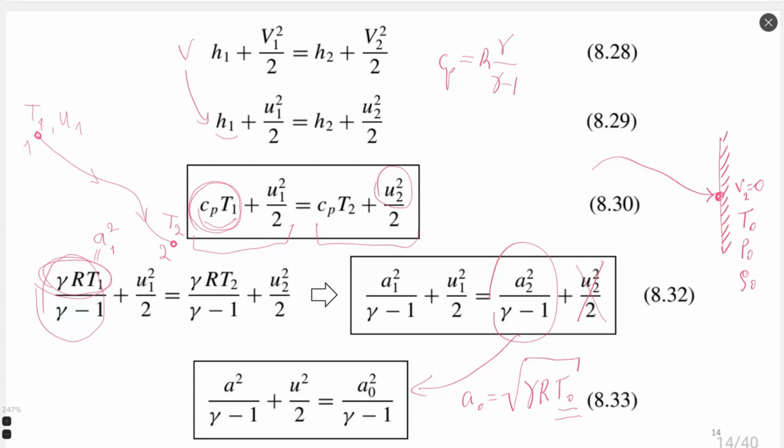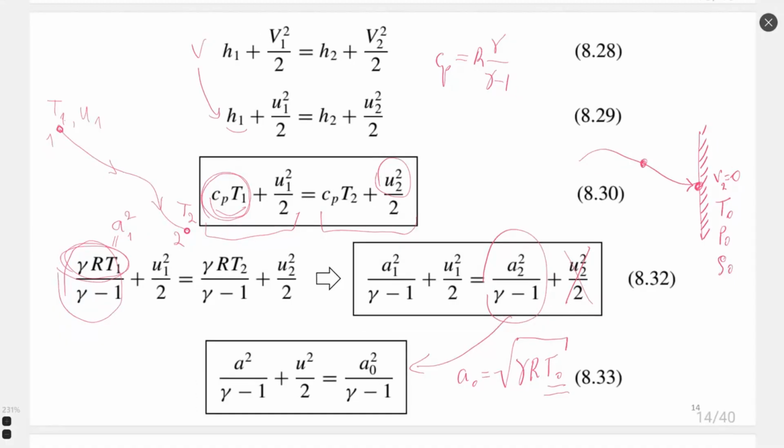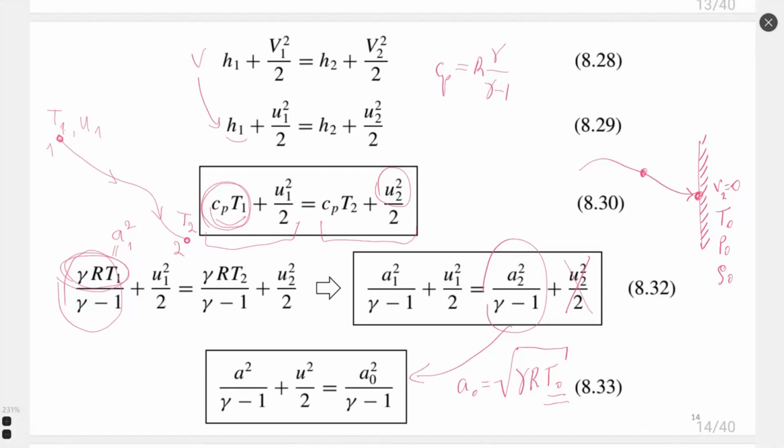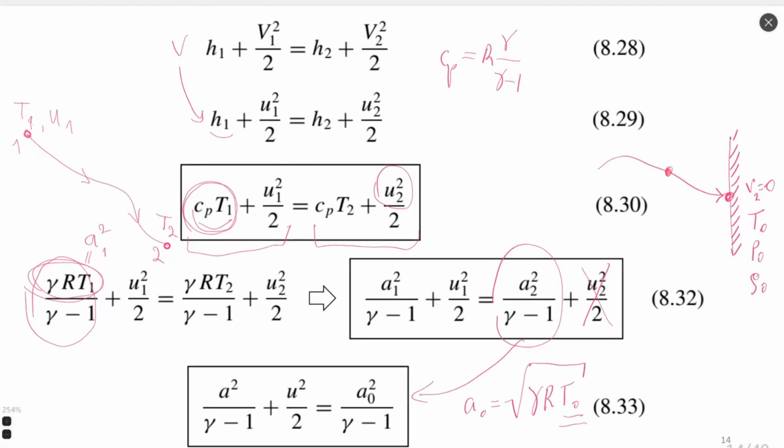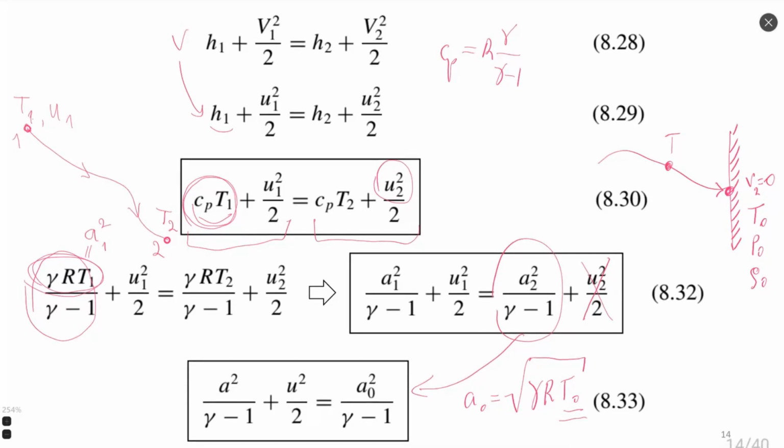So you must know quite well that if you want to calculate the speed of sound in any specific point inside your flow, you need to use temperature at the same point. You cannot use temperature in other arbitrary point you want. You need to have absolutely same point for calculation.